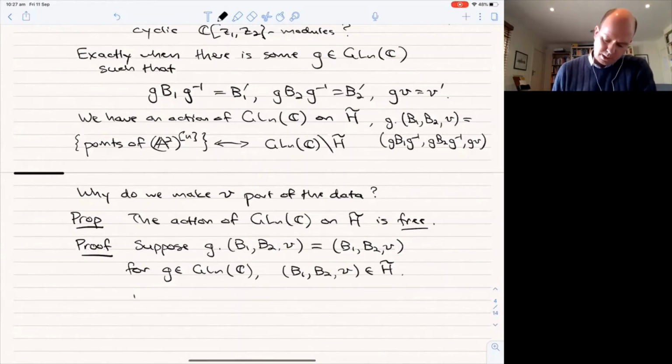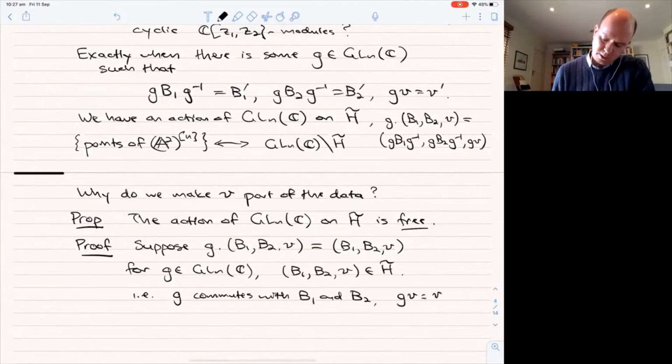Then that means that g commutes with B1 and B2, and g fixes the vector v.